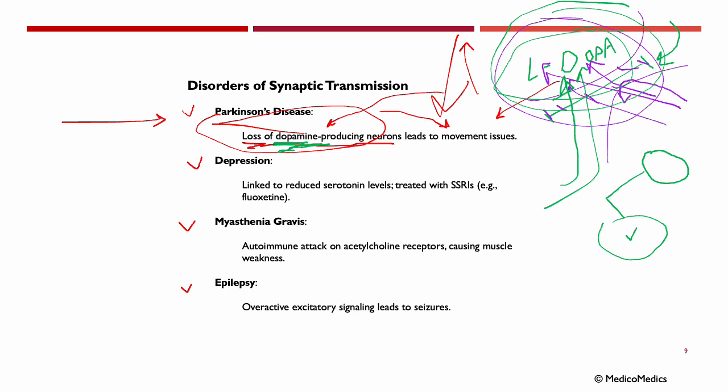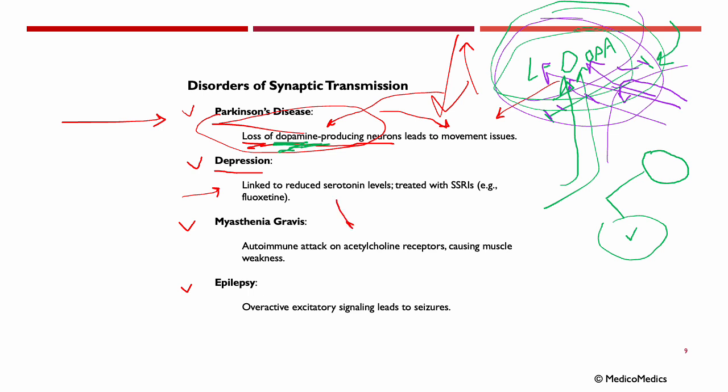Now, let's look at another one, depression. Depression is a mood disorder associated with reduced levels of serotonin, which is a neurotransmitter that regulates mood, emotions, and overall well-being, essentially.